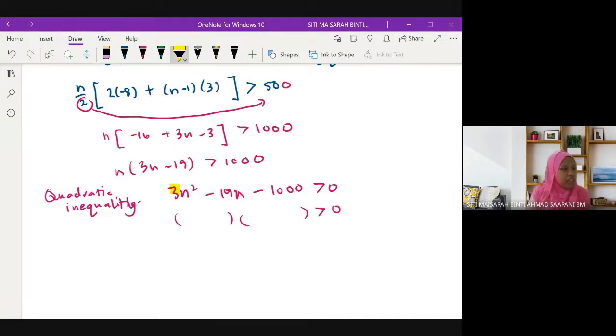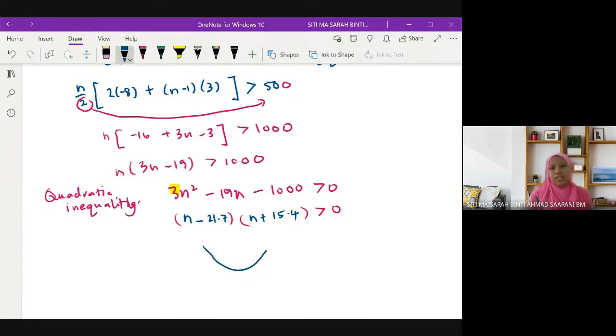Kalau kita factor ni kita dapat n dalam bentuk point lah, ataupun kalau guna kalkulator yang satu lagi tu dia akan dapat nombor ada surd-surd lah. Okay, tak kisah as long as kat sini kita boleh guna je point tu. So then we get n, kalau kita factor lah, satu kita dapat n minus 21.7, satu lagi n plus 15.4. Betul tak? Ni ada kira awal tadi. N minus 21.7, satu lagi n plus 15.4, more than 0.